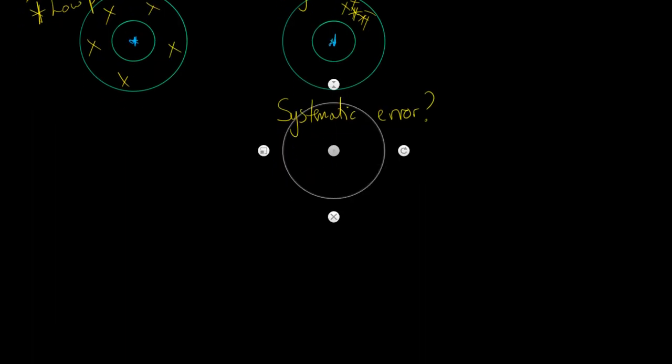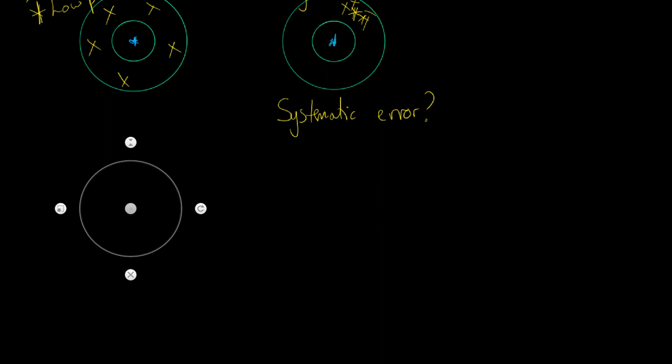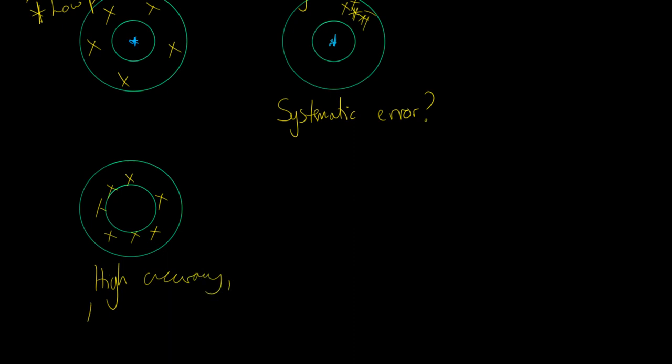Well, what other sorts of combinations can we have? If I set up another one of my little dartboards, we could also have a situation where you fire off your arrows, and your arrows are going around like so. In this case, it's high accuracy but low precision. So in terms of a science experiment, your results are getting quite close to that value in the center, but they don't agree with each other.